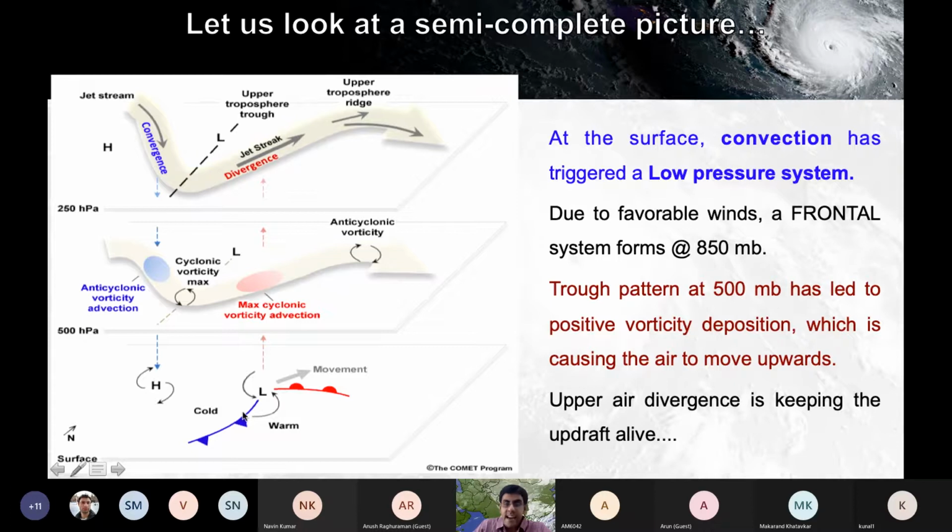Okay. And then at the 850 millibar level, I'm looking for these fronts, which are the cold front and the warm front. This is cold air moving in, this is warm air moving in. Why is merging of cold and warm air important? Because when cold and warm air meet, they exchange moisture and lead to formation of clouds. Let me give you a scenario where there is only warm air. The warm air keeps moving up, all the way up to, let us say, 10 kilometers.